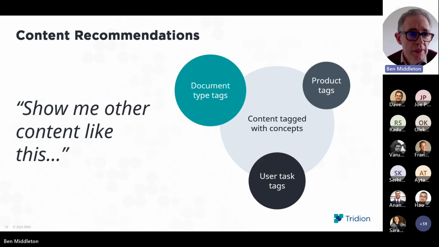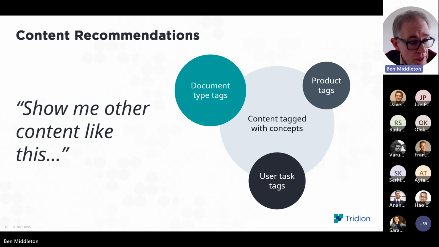So what are content recommendations? Essentially, it's asking the question, show me other content like this, or find me related content. The way we do that within Tridion is we use the fact that we have reliable tagging on our content, and that's very important in this world of generative AI, where a lot of content relations are based on the language models applied to content.